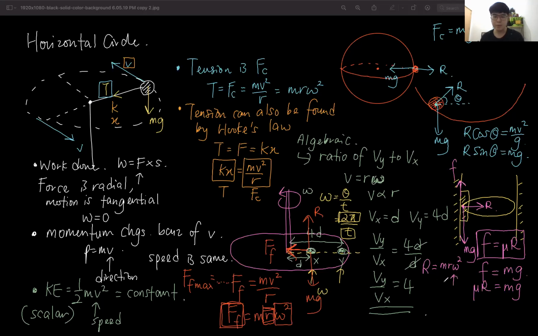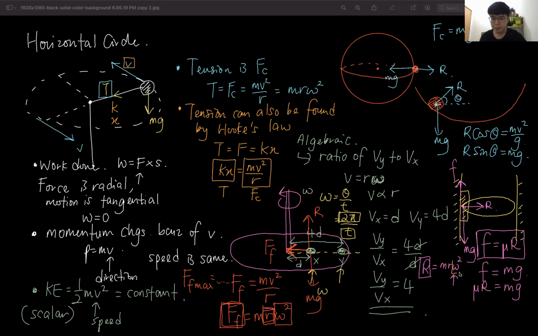That means if you want to keep the person moving in a circular motion, you need to spin the drum fast enough. You need to increase this angular velocity so that the reaction is high and so that you have high friction to balance the weight. You get the point?